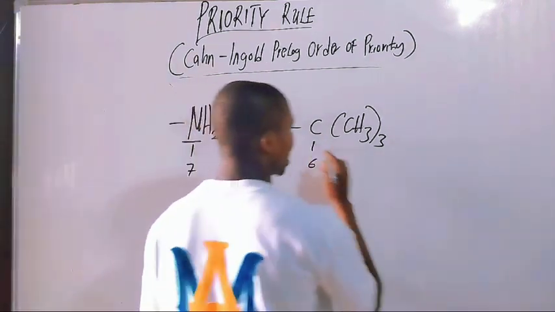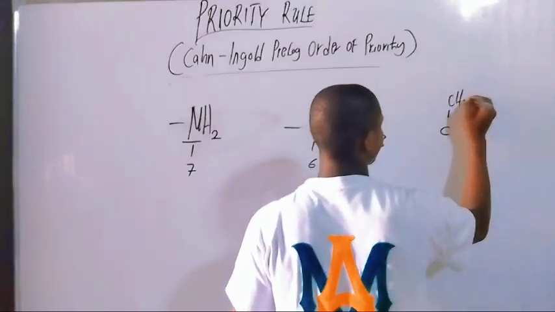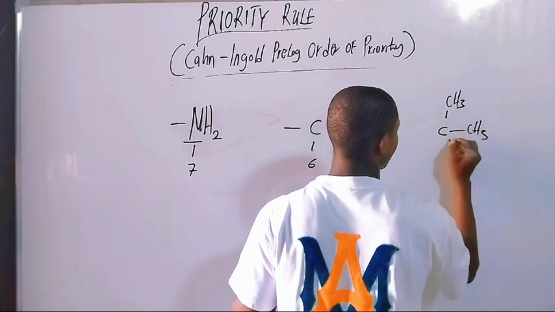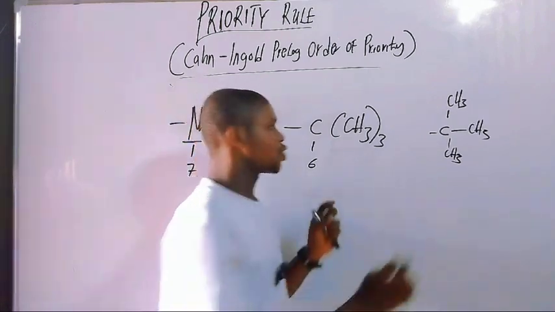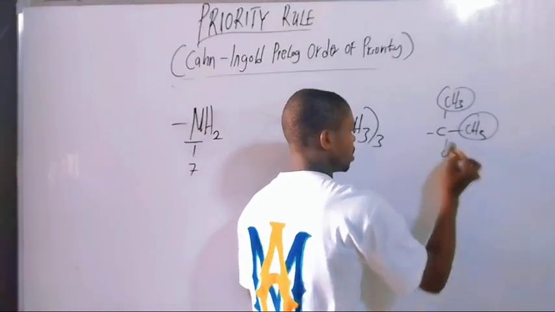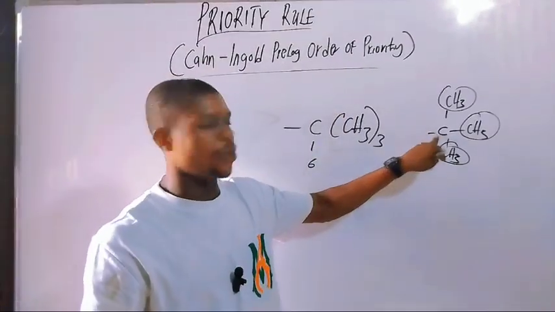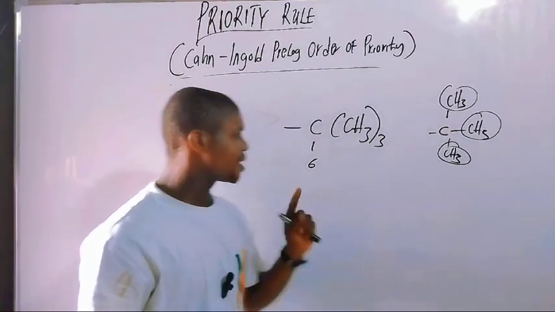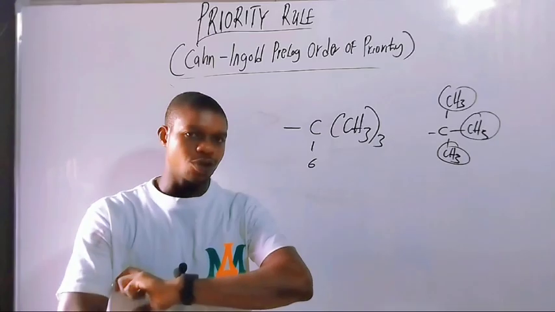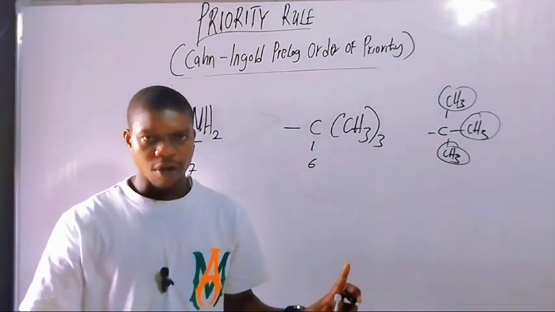this one is like CH3, right? But your main concern is not the atoms attached to it. Your main concern is this carbon here, which is 6, and nitrogen, which is 7. That is the major point.